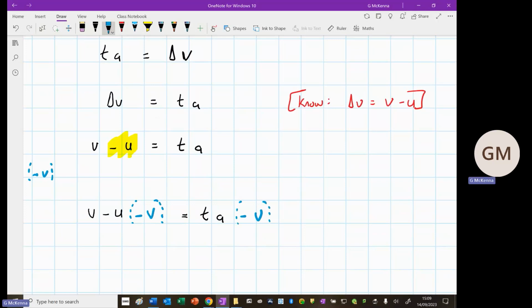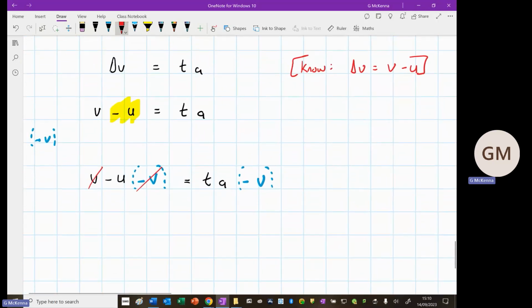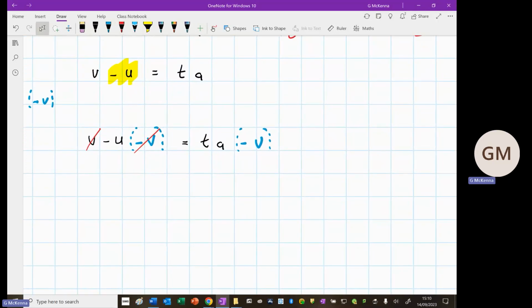Now we can simplify the left hand side a little further, because v take away v is just like 5 take away 5, and that cancels out to give us nothing. It takes them back down to 0. Let's tidy up the left hand side. We have minus u is equal to ta minus v.